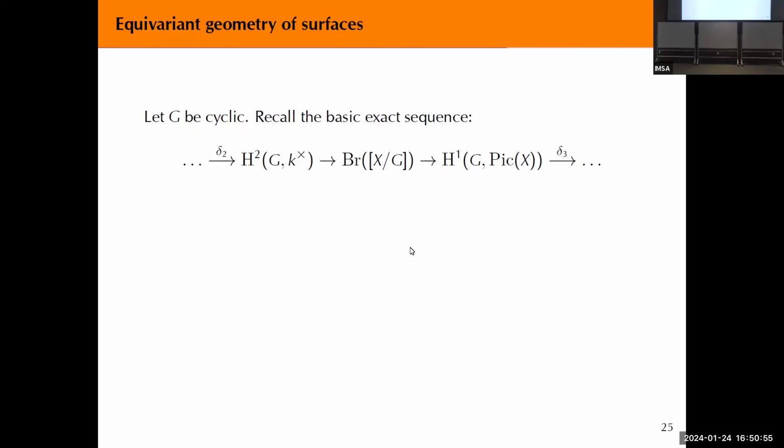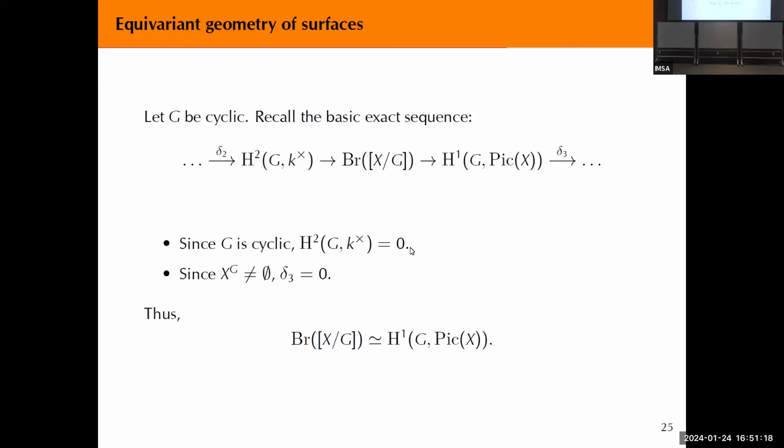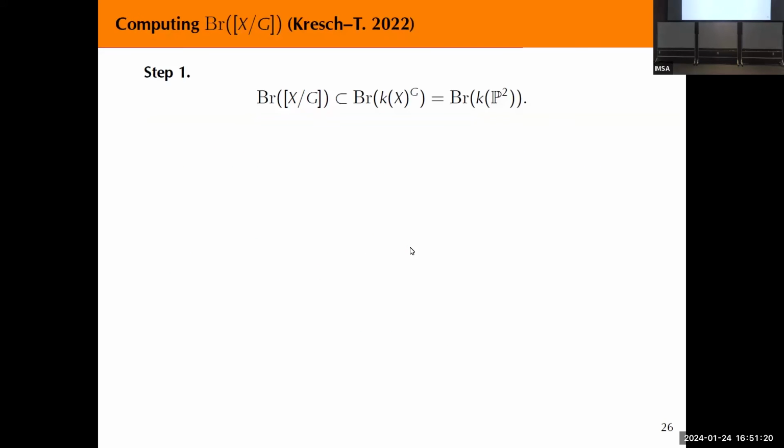So for cyclic groups, what we're seeing is that H1 GK star, which is of interest to us, is exactly the Brauer group of the quotient stack. You could look at this both ways. You can either find ways to compute H1 GK star and then find what the Brauer group of the quotient stack is, or you can go the other way. So that's what we have.